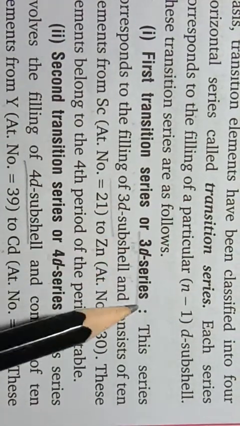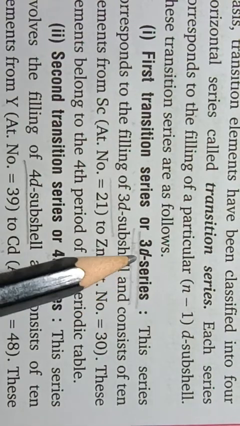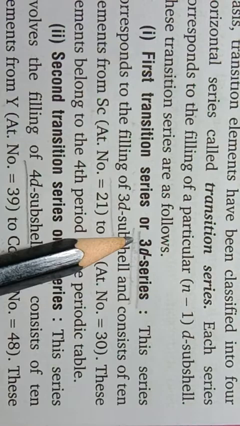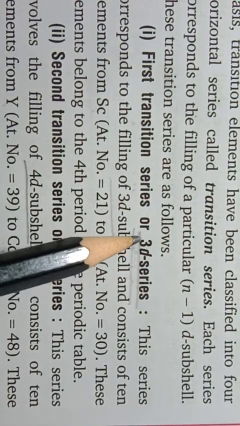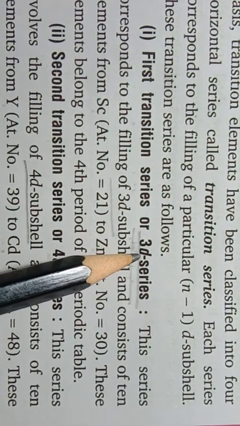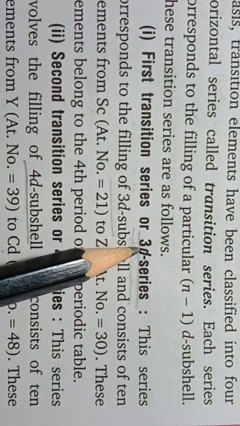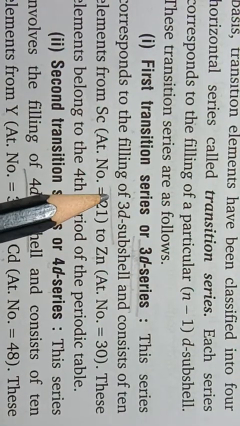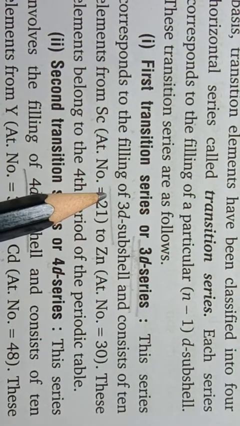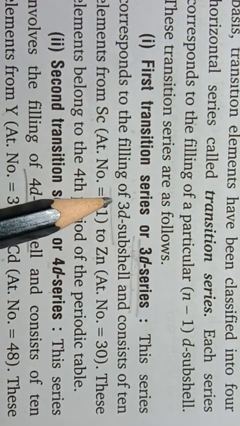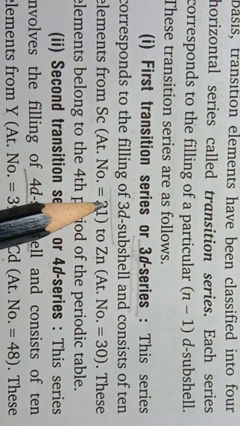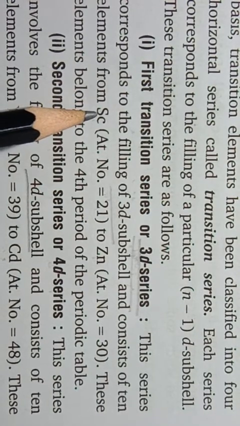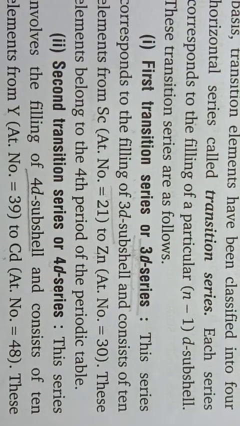So as this name is indicating, in these 3D series elements, last electron is found in 3D subshell of the atom, and this is the most important series of the transition elements, because most of the questions are asked to you on the basis of this series only, and this series is having elements from scandium to zinc.